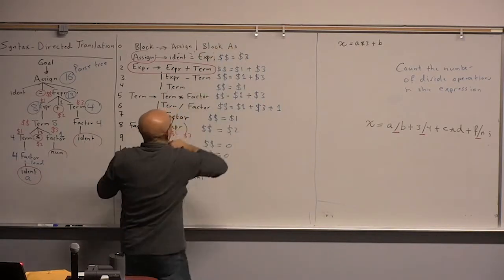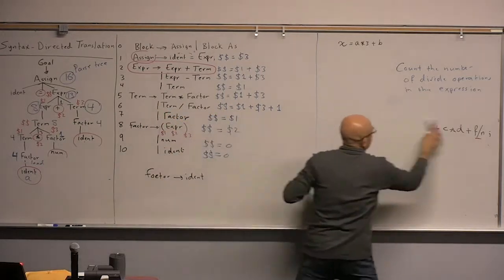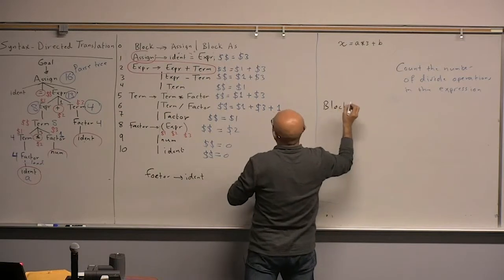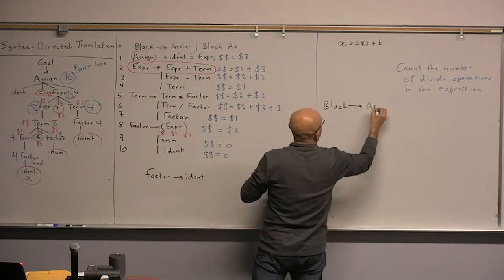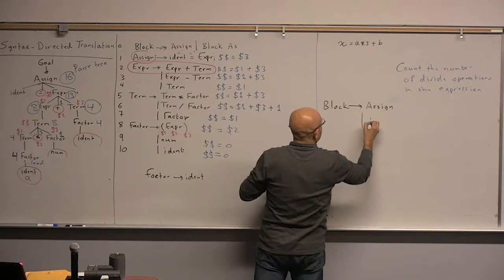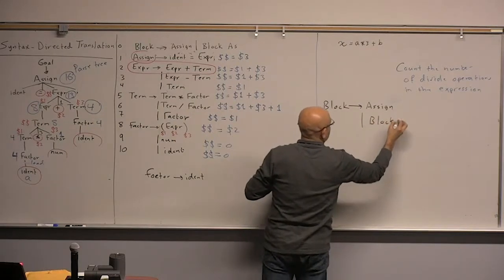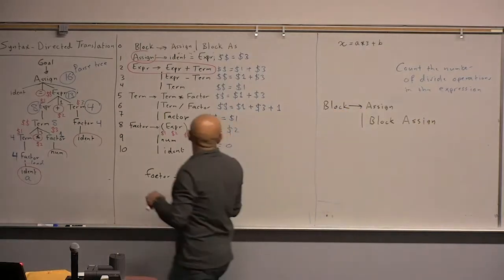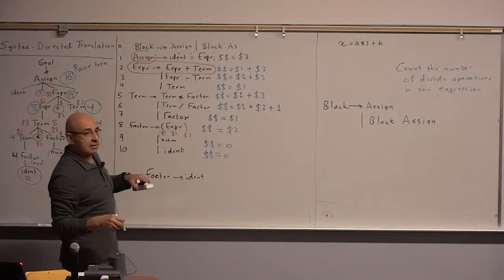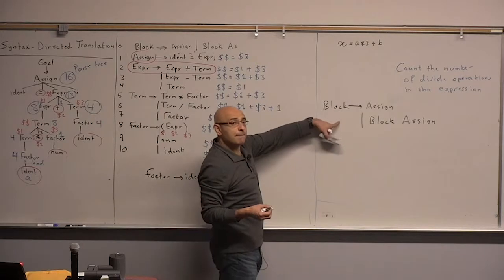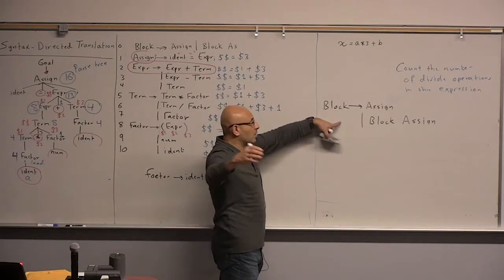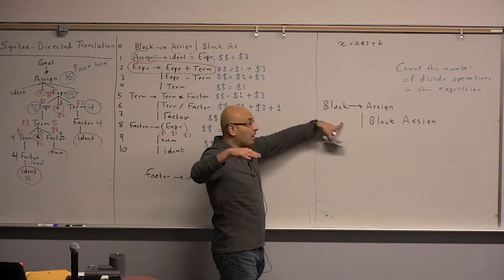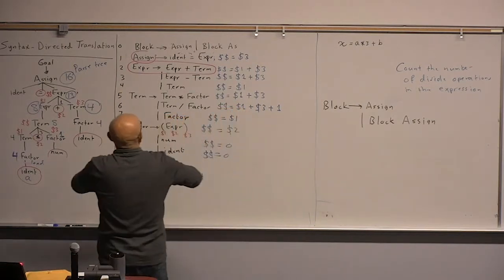Oh, yeah, we have to have 2 rules. So what does this mean? Block is 1 or more assignments, or you can have any list of assignments, an arbitrarily long list of assignments.